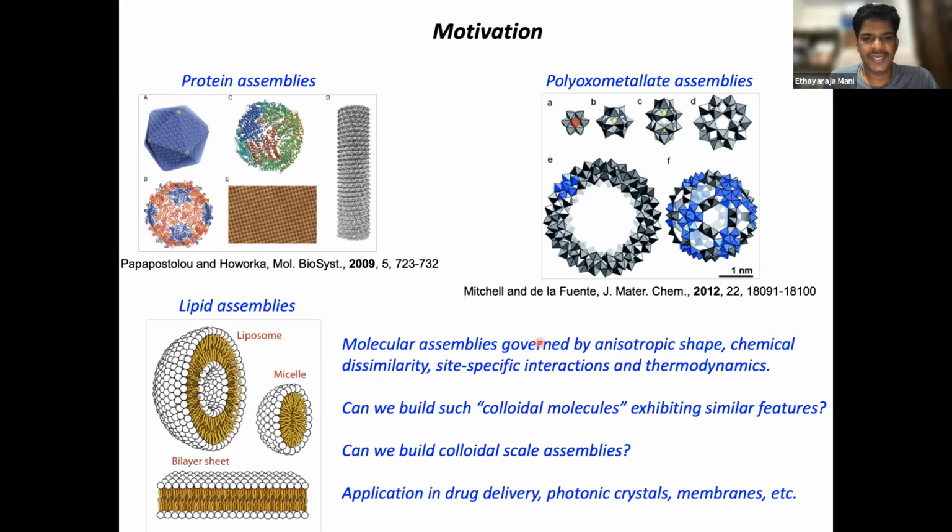So the question is, can we impart similar anisotropic shape, chemical dissimilarity, and site-specific interactions on a colloidal scale, which is a larger length scale compared to molecules, and thereby mimic structures of what are known as colloidal molecules, exhibiting a structure very similar to molecular assemblies?